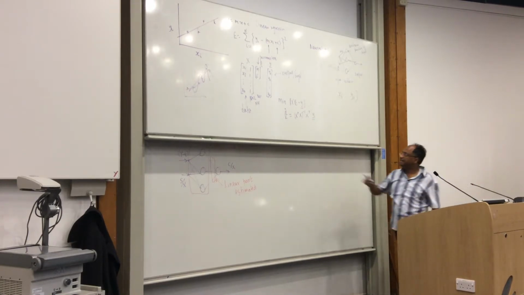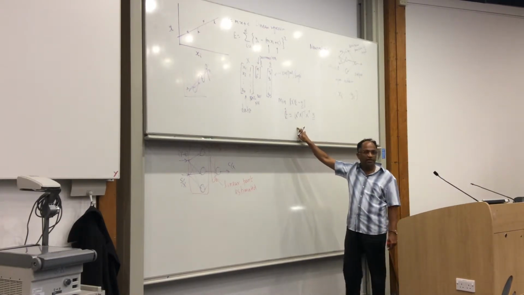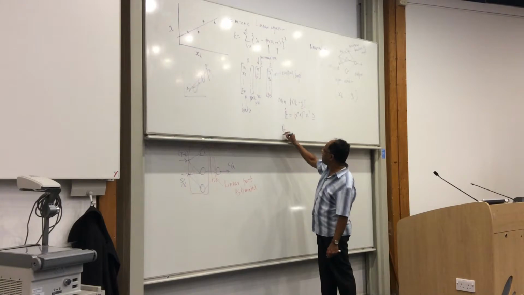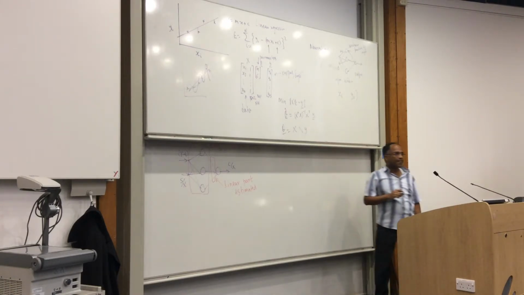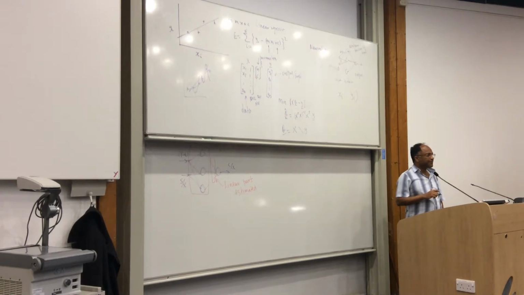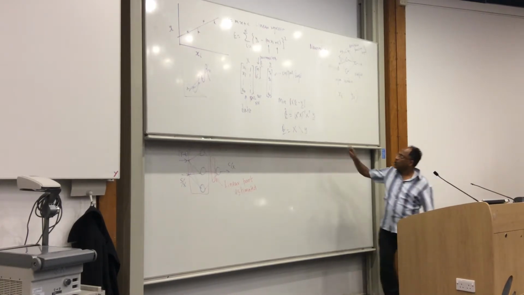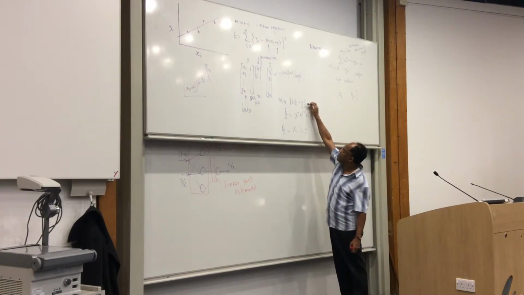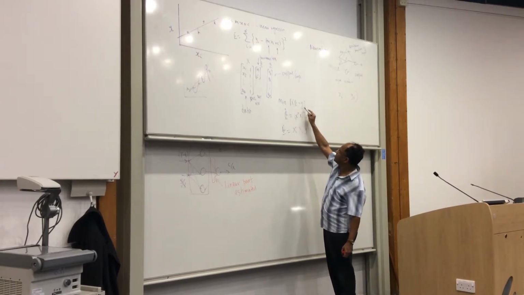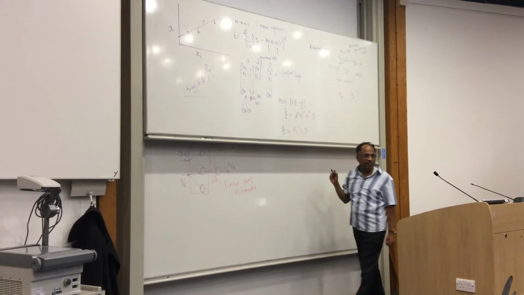Okay? Life is even easier if you get to this point. In MATLAB, you can solve for theta as x backslash y. That's all you do. Okay? All that is happening here is an error between a linear system and the target.